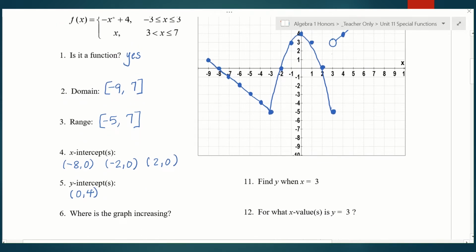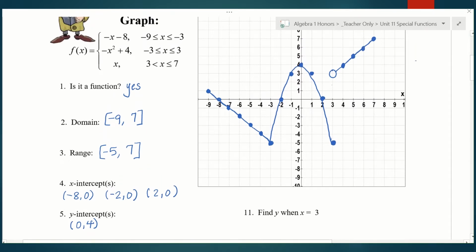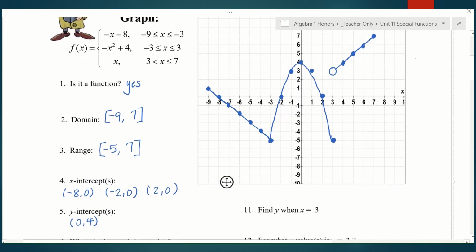Okay, number 6, where is the graph increasing? So remember, from left to right, if you take your finger and you follow that graph, it goes decreasing, increasing, decreasing, increasing. So we have 2 intervals where we are increasing. So remember, we go from left to right. So between what x values is the graph increasing? So starting when x is -3, all the way until x is 0, our function is increasing.